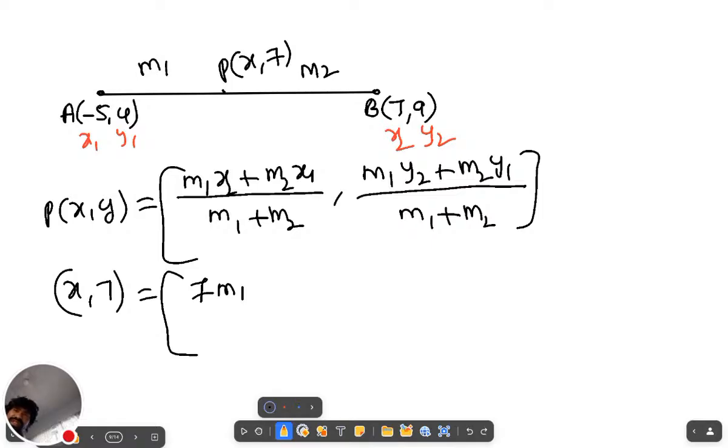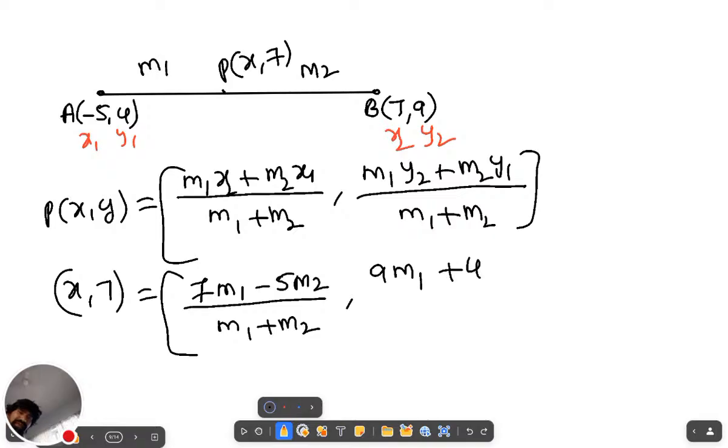We don't know m2, x1 is minus 5, so minus 5 m2, whole by m1 plus m2. Next, m1 y2. y2 is 9, so 9 m1. Plus m2 y1. y1 is 4, so 4 m2, whole by m1 plus m2.